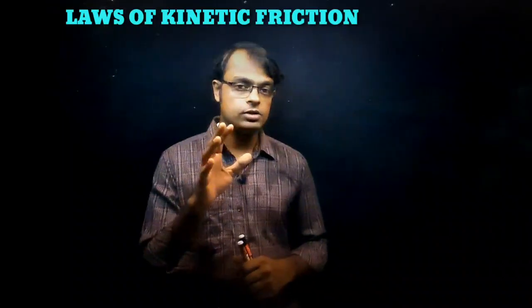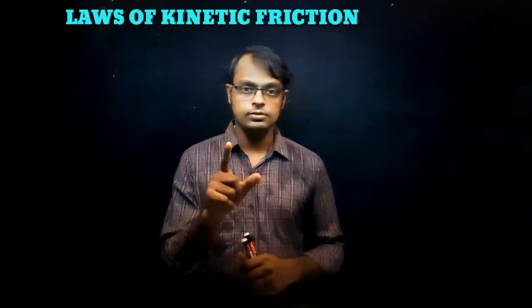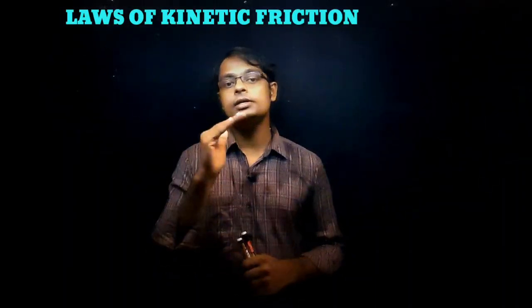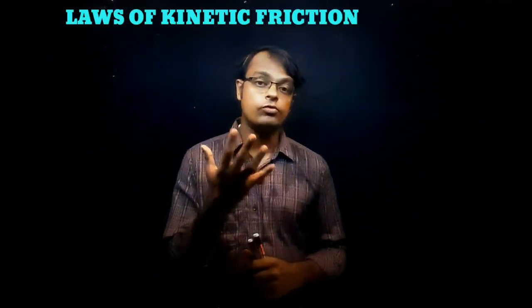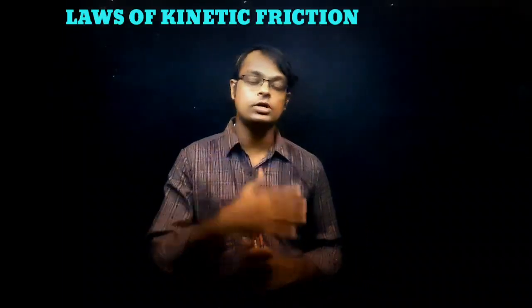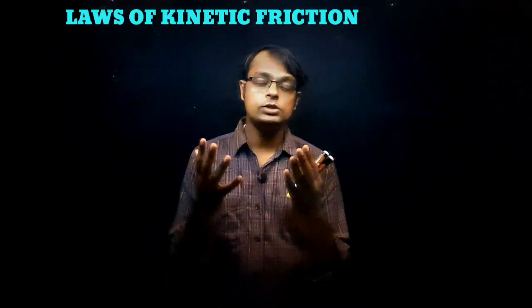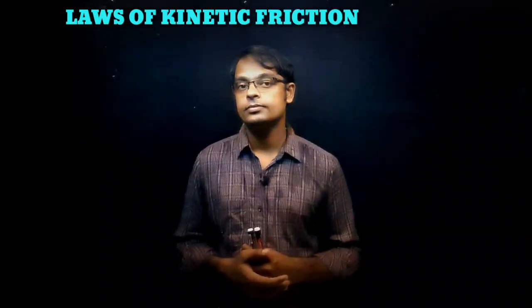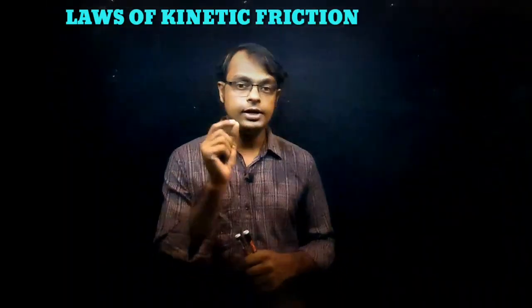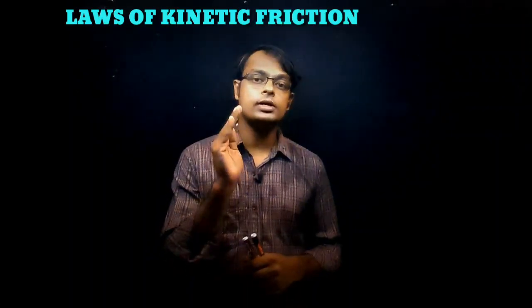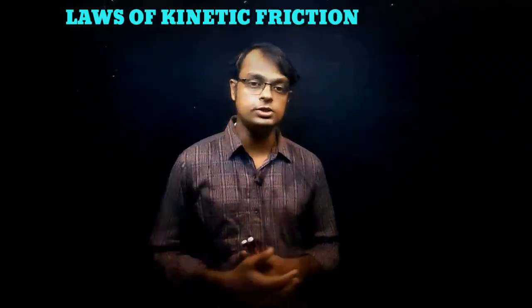So laws of kinetic friction, what is the first law? The kinetic friction opposes the relative motion, and it is almost constant in value, and it depends upon what? The nature of contact, or the nature of the surfaces which are in contact. The second law is talking about kinetic friction being independent of the area of contact, as long as the normal reaction force is not changing.